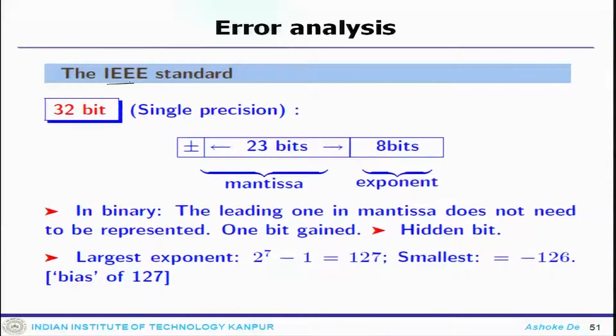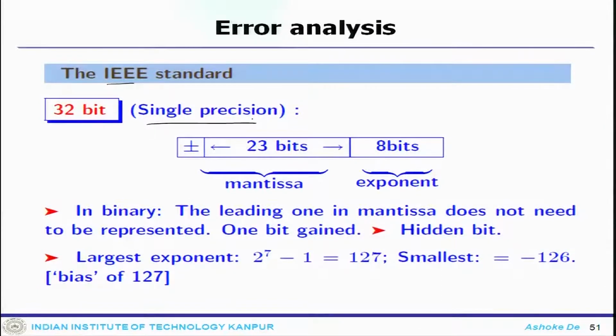So, if you have 32-bit precision, which is pretty much today not available in most desktop computers, because everything is more or less a 64-bit system.